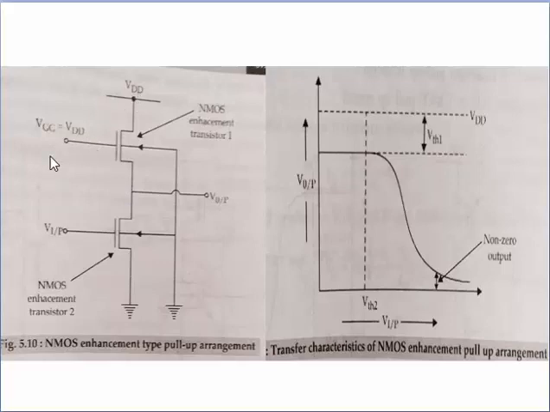We can also say that if we apply a voltage between gate and source, that is VGS is positive, it means there is a positive voltage at the gate relative to the source.